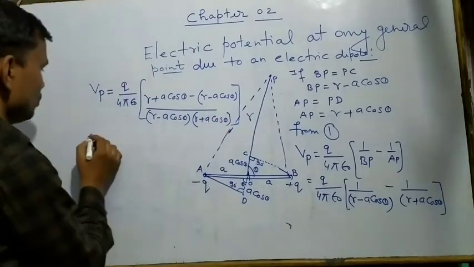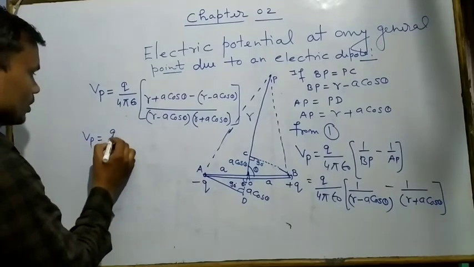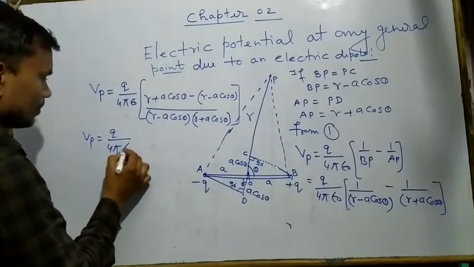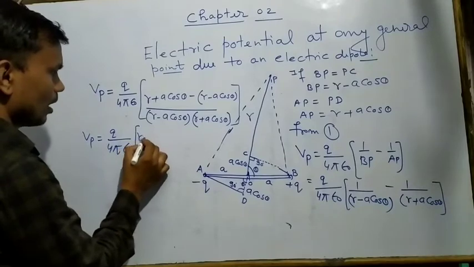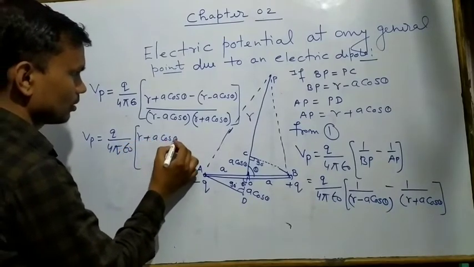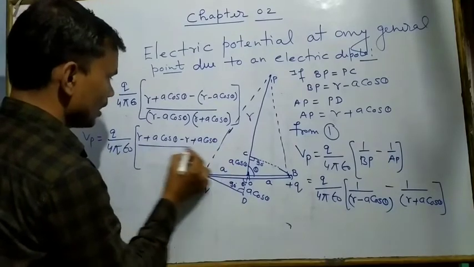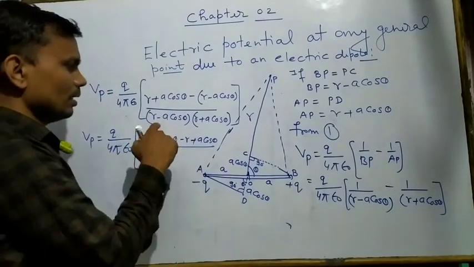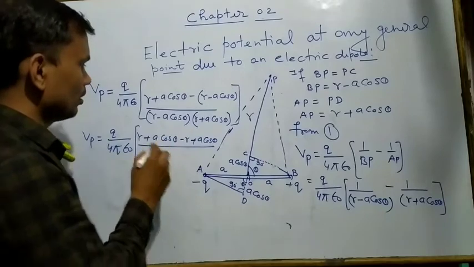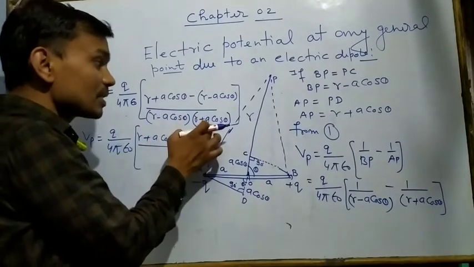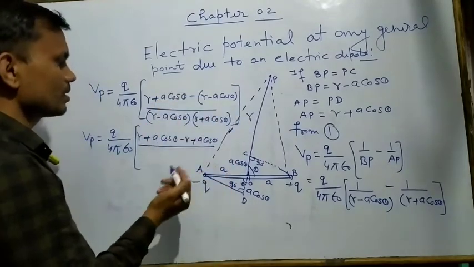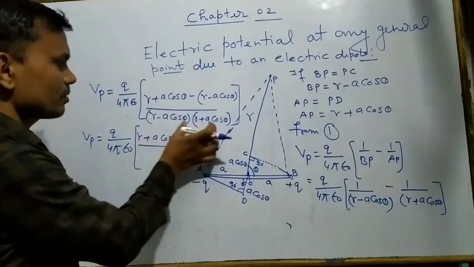So VP is equal to Q upon 4 pi epsilon naught, then R plus A cos theta minus R plus A cos theta, and in the denominator we can apply the formula A minus B times A plus B, that is A square minus B square.